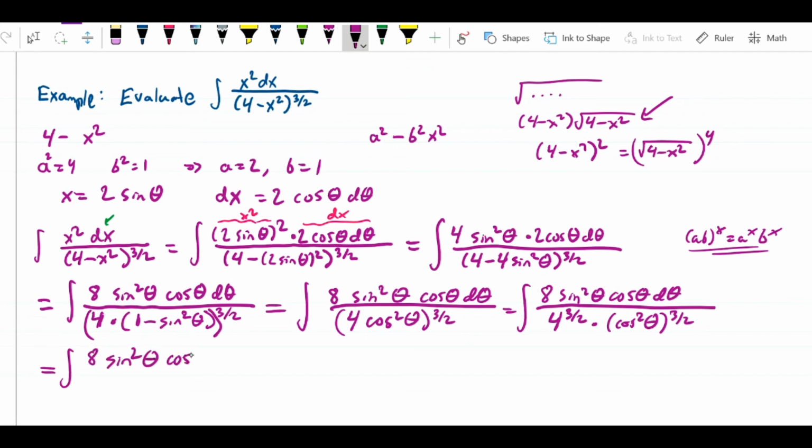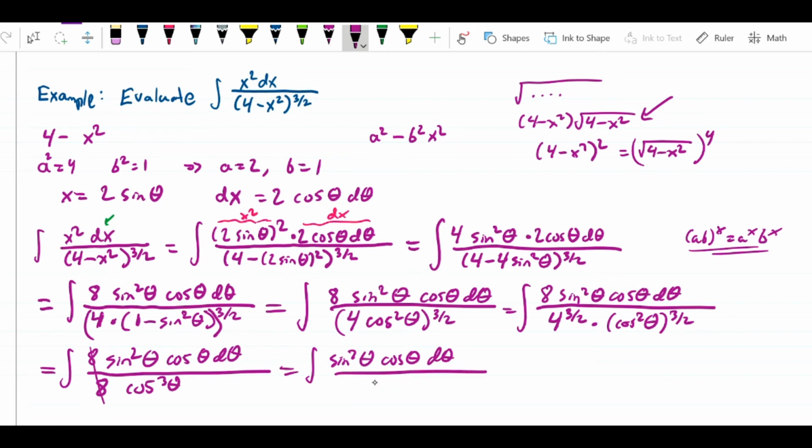We have sine squared theta cosine theta d theta over 8, and cosine squared to the 3/2 is going to be cosine cubed. There we go. The 8's cancel, and this gives us sine squared theta cosine theta d theta over cosine cubed theta.